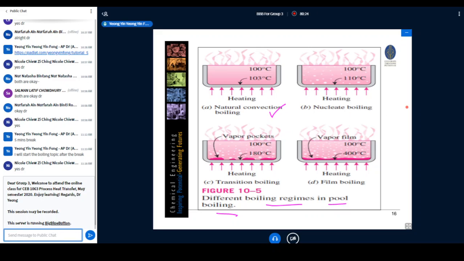At first the difference is not much. Then when the difference is getting larger, it will proceed to nucleate boiling. Then after that, transition boiling, and finally, film boiling. So these are the four regions under pool boiling, and it's shown in the boiling curve.